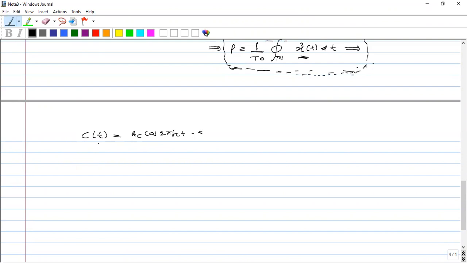This is also a sinusoidal signal and a periodic signal, and also a real signal. So I can get the power of the carrier signal as an integral. It is a cosine signal, like this.